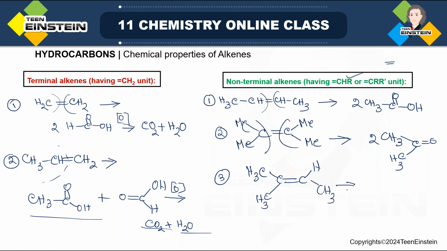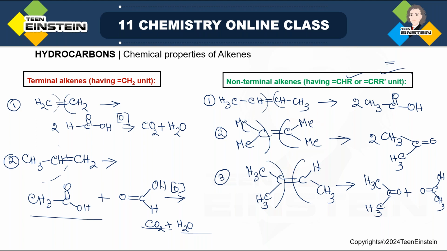Now we have 2 different scenarios on both sides. So from left hand side, again you will get acetone. And from the other side, you will get acetic acid. Okay. So these are the examples for non-terminal alkene. 2 types are there. Fine.